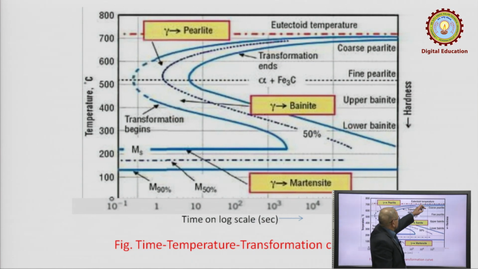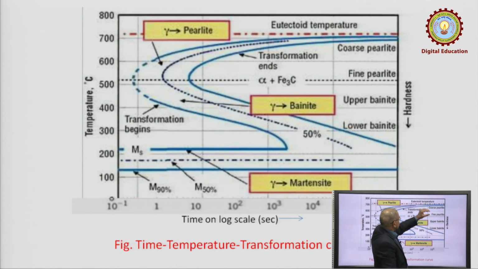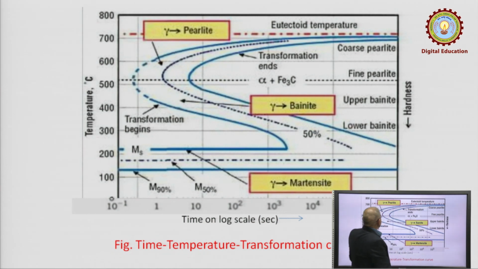This region between here and here is quite wide, but as you move to the upper side, it gets narrower. If you draw a horizontal line here, let us say the line is cutting here, I will show this in my subsequent slides. So here the austenite transformation starts, continues in this region and finishes at this point.